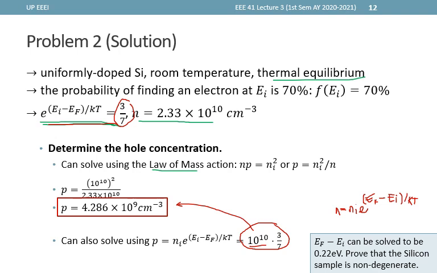So we simply assume that the material is non-degenerate, then using this equation here, we can solve for EF minus EI, and that should be 0.22. And as we will show later, EF turns out to fall within our range for non-degenerate semiconductors. So we can actually use this equation, or our assumption is correct, and we do not need to redo the calculations.